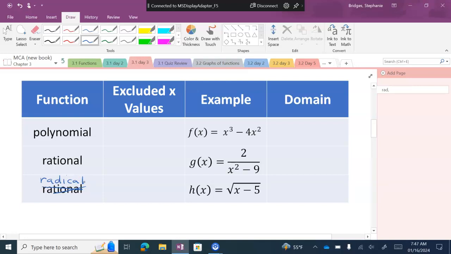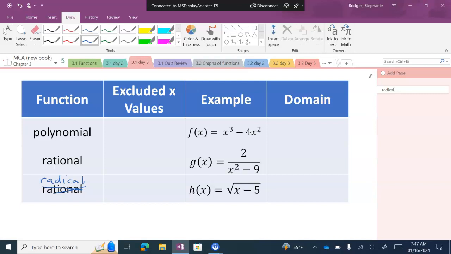So again, when we're asked for the domain, the two things that we talked about just a couple seconds ago was fractions. We're not allowed to have zero in the bottom of a fraction. And then radicals, specifically square roots or any even roots, you cannot have negative numbers under your radicals. So with that first polynomial function, and the example would be f of x equals x to the third minus 4x squared.